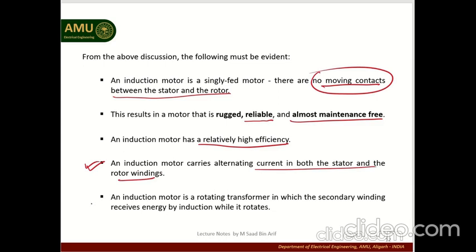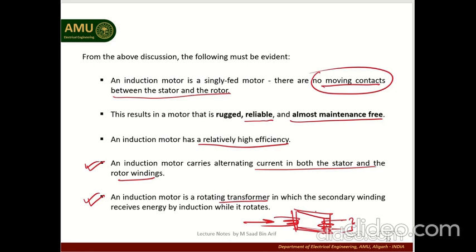So another machine which works on the principle of electromagnetic induction is the transformer. If we have a transformer, we have primary winding, we have secondary winding, we give supply to the primary, and because of the induction, a voltage appears across the secondary.